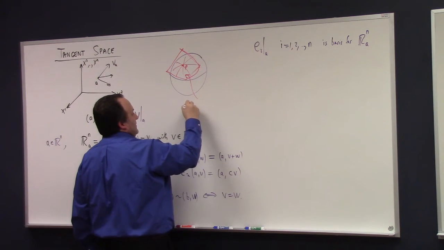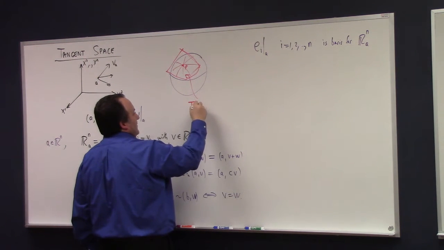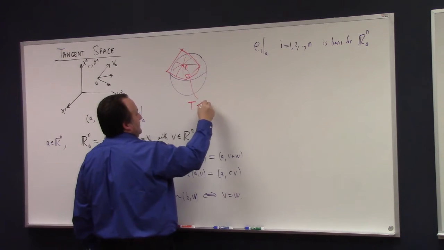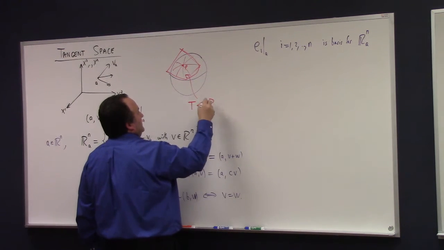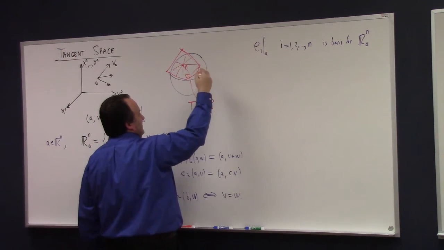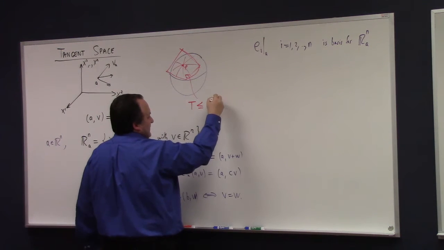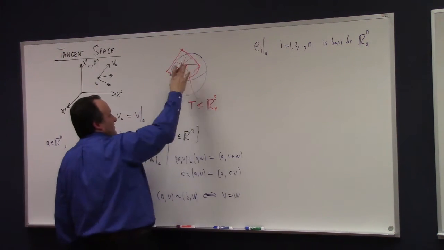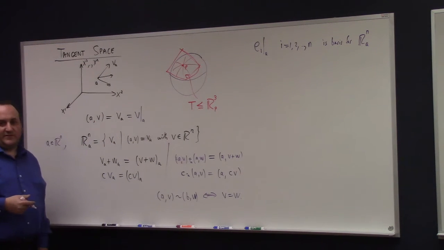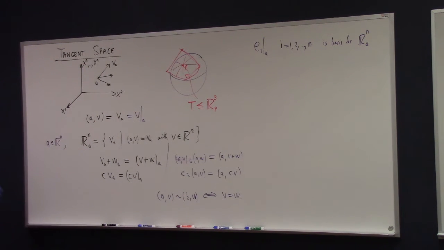It would be a subspace of R3, in this case, I'm talking about a sphere in 3 dimensions just for the sake of discussion, which we could visualize as being attached to the sphere at that point. That would be the tangent space. That would be the most concrete, natural notion of tangent space, right?